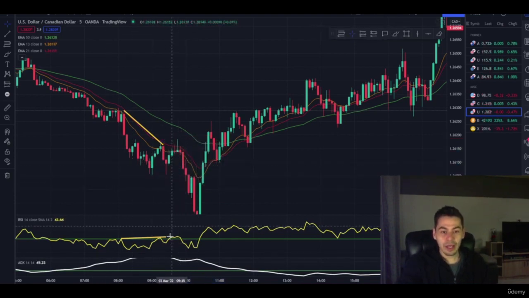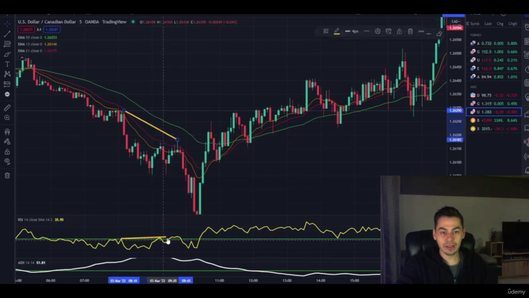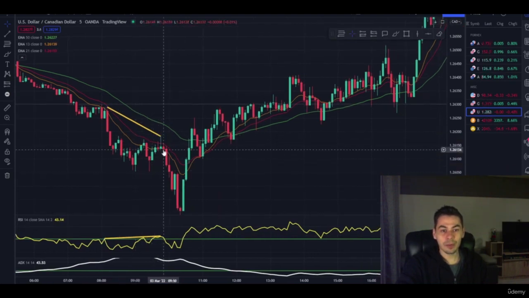But again, what do we have here? We have another high in price. So we have this instance right here. So again, another valid entry. As you can see, we wait for the confirmation. You either enter after this wick and this small red candle, or you enter after this nice bearish candle.